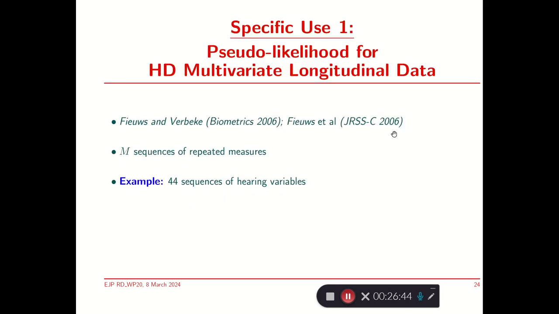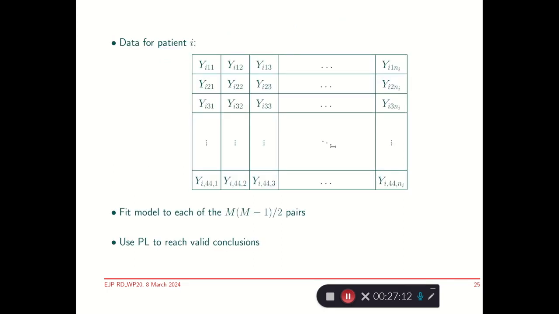Good. I'll give a few examples. The first example is from a hearing study, an ORL study. The ear is a complex organ, so to study it, we need more than one variable. There we go. 22 variables are followed repeatedly over time in this example. Per ear, we happen to have 2, so that means 44 sequences that we follow over time.